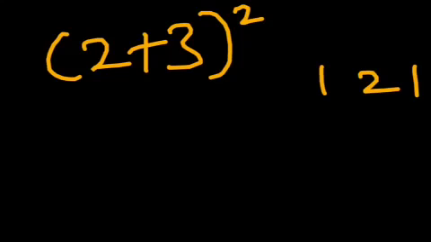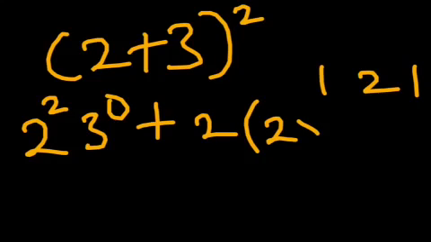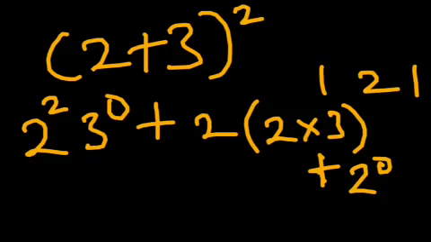So the first term is 2 to the power of 2, and 3 to the power of 0, plus the coefficient 2 times 2 to the power of 1, 3 to the power of 1, plus 2 to the power of 0 and 3 to the power of 2.